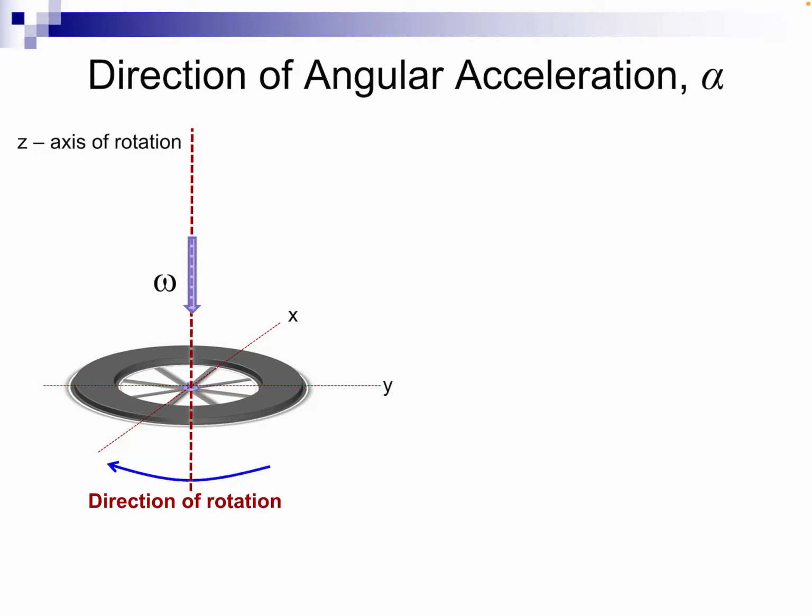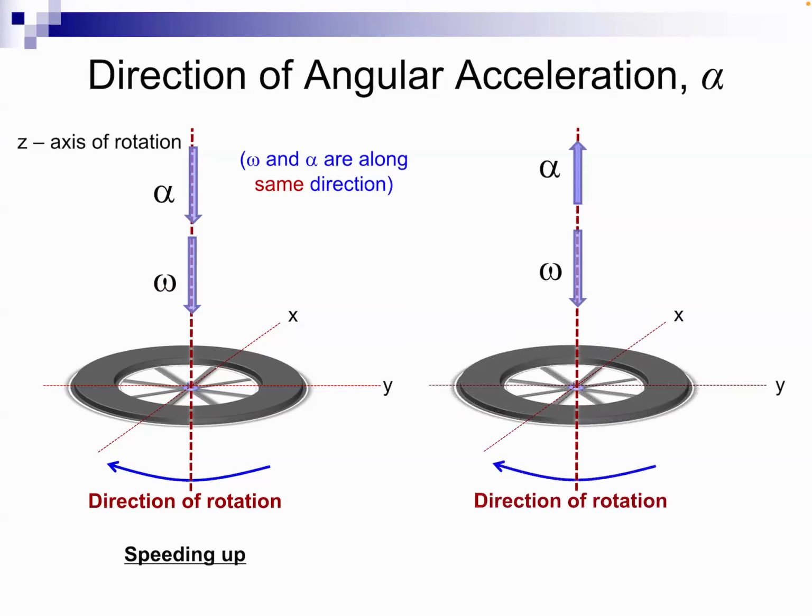Now, the direction of angular acceleration depends on whether the rotation is slowing down or speeding up. If the rotation is speeding up, then the angular acceleration should be in the same direction as the angular velocity. And if the object is slowing down, then the angular acceleration should be opposite the direction of the angular velocity.